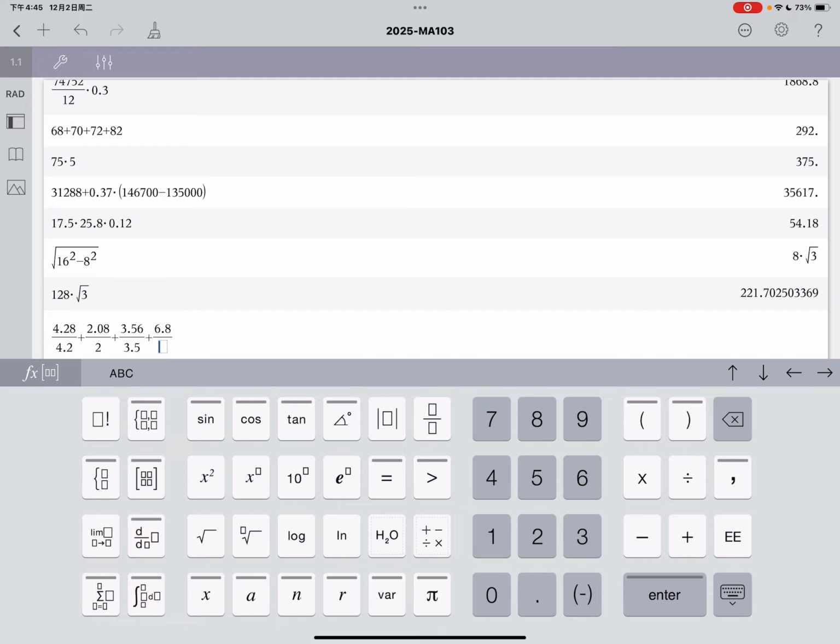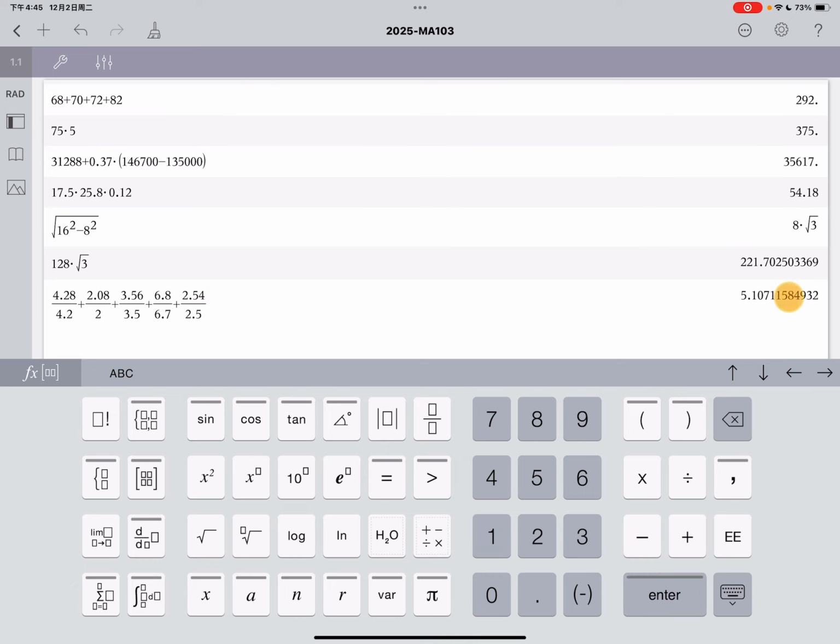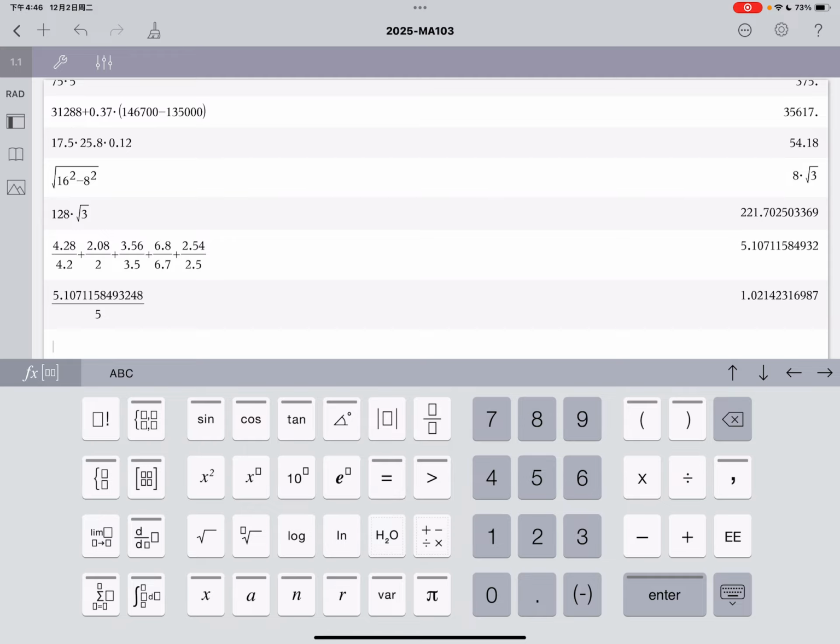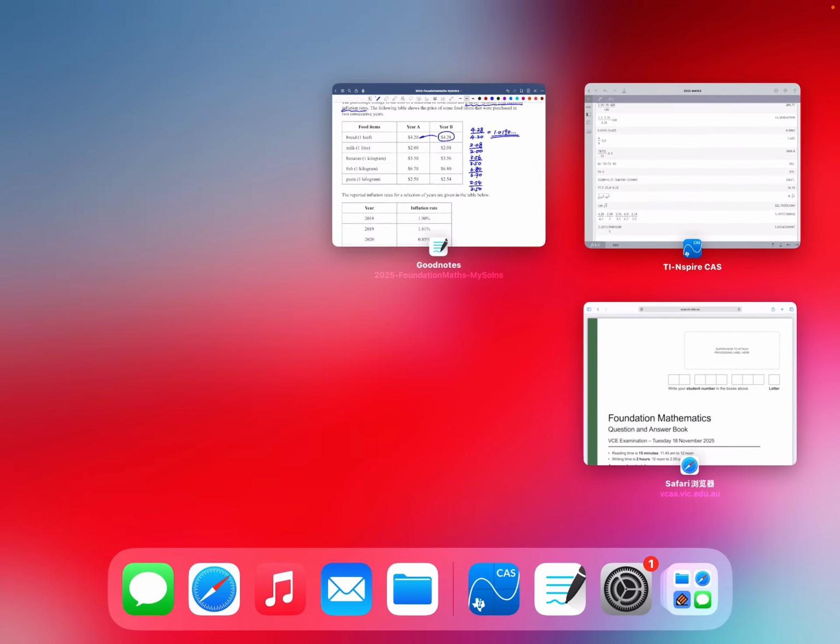So let me just complete the calculation here. Plus 2.54 divided by 2.5. Now I get a total, and then I would divide this total by 5. Then this is 1.02 something, okay, 1.0214 something.